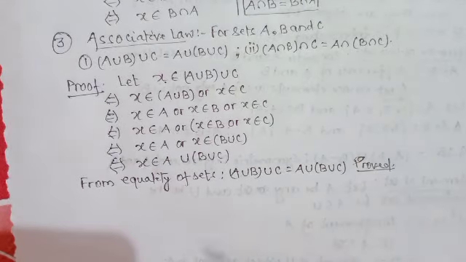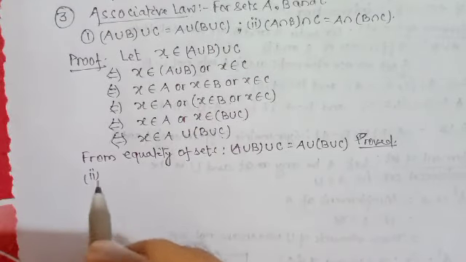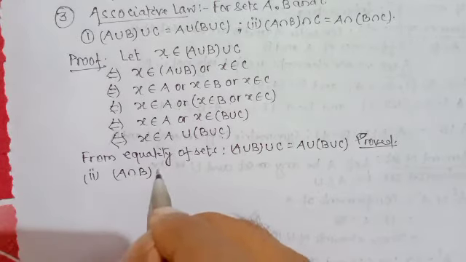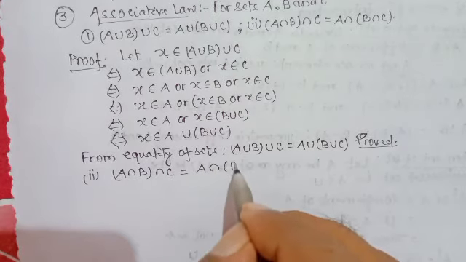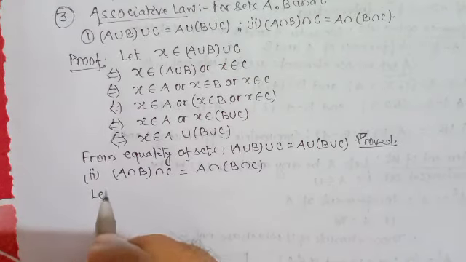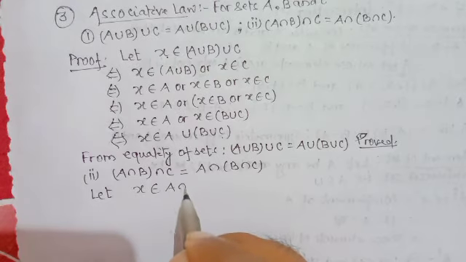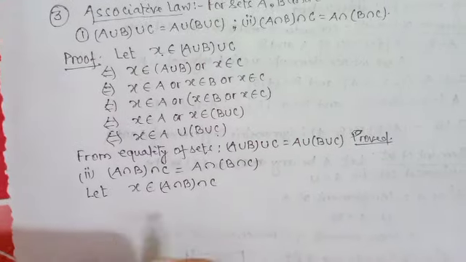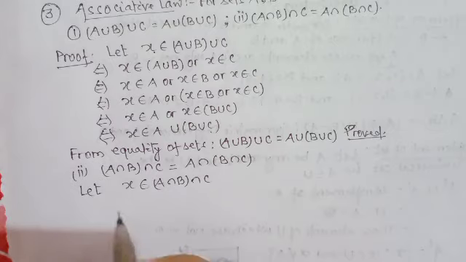Similarly, we will prove the second one. The second one is A intersection B intersection C should equals to A intersection B intersection C. So in the same way, let X belongs to A intersection B intersection C. Expand this one by removing the sign of intersection.